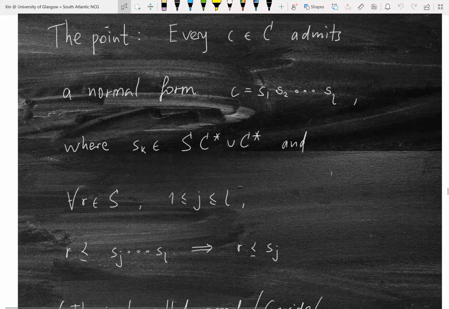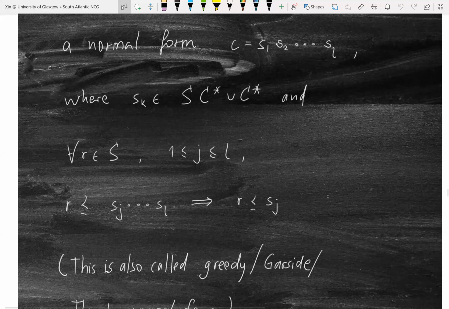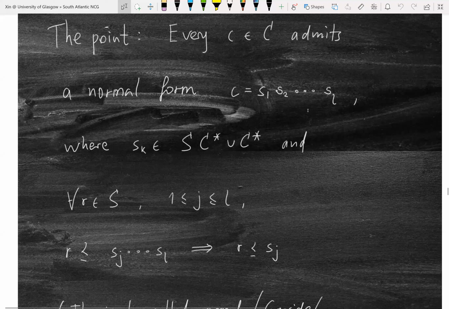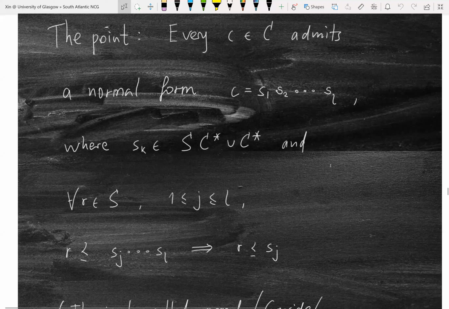What's special about this product is that you have this greedy property: whenever you take a sub product of these factors, and whenever you take an element in S which divides this subword, then this element in S has to divide the first factor. So really what you do is you take an element C, and you take the biggest divisor in S out of C. This is S1.